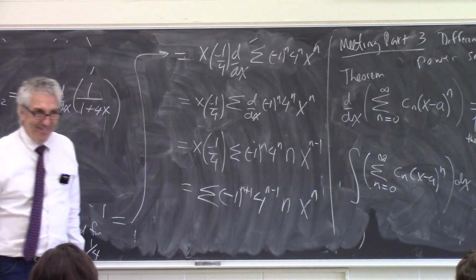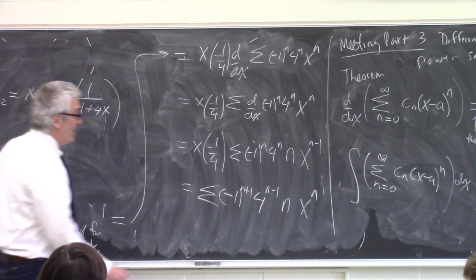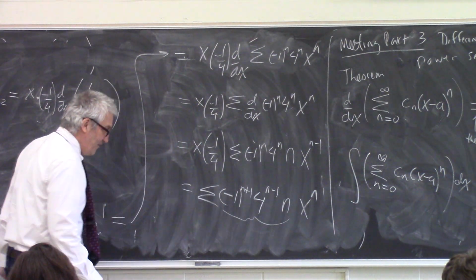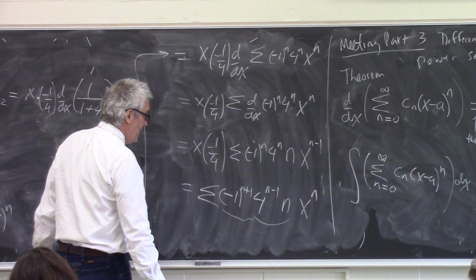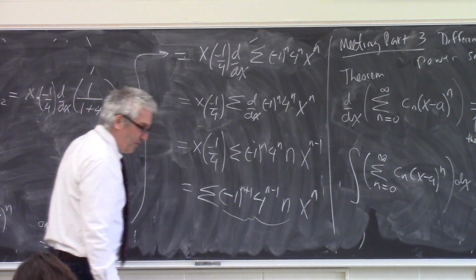Isn't that cool? So there's my power series. There's my coefficient, and there's my power function. And this is valid for x in that interval. All right, we should do our quiz.